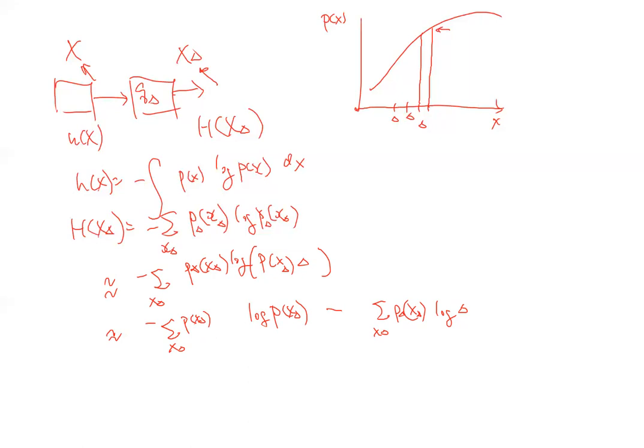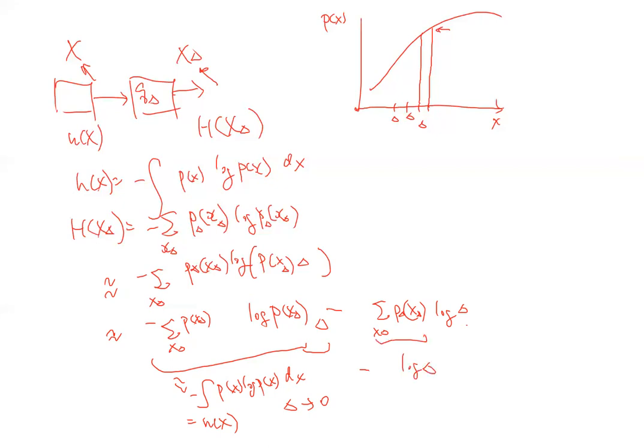I can move the delta to this side, and then this thing is an approximation of an integral. It approximates the integral of px log px dx when delta goes to 0, which is approximately equal to small hx. On this side I have log delta. Delta is just a constant, so I can pull it out, and the sum over all the probabilities just gets 1. Therefore I have just minus log delta.